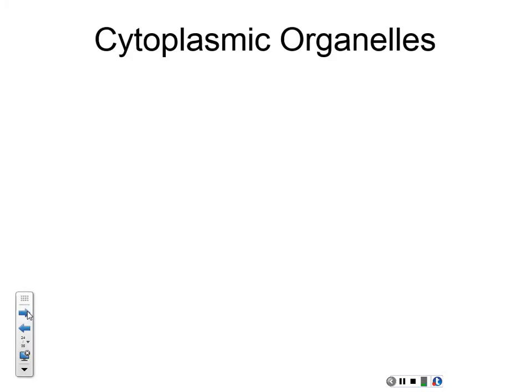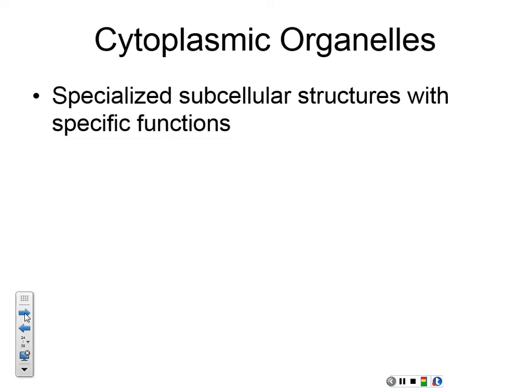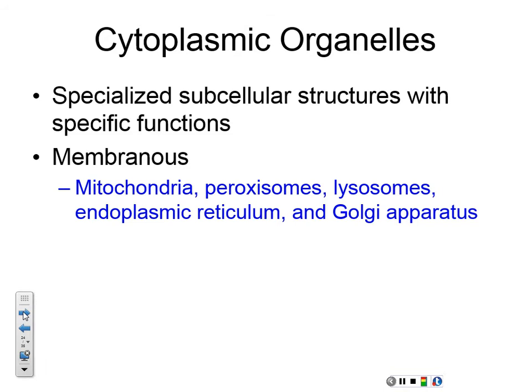All right, so we're going to go through the organelles one by one, especially the important ones, and we'll talk about their functions. So these are basically specialized membrane bound structures inside of the cytoplasm, all right, that have a specific function, and we'll talk about that.